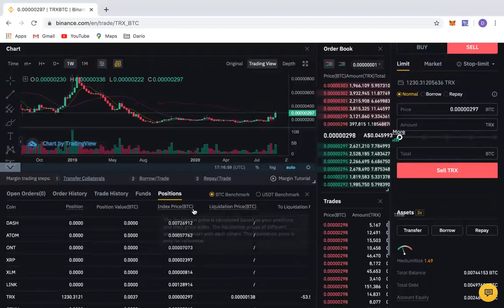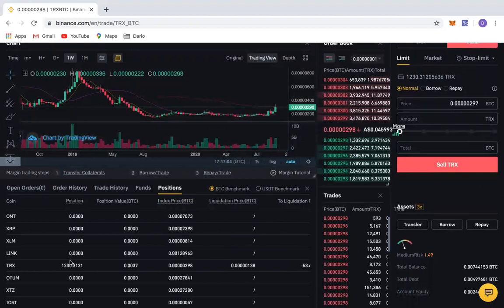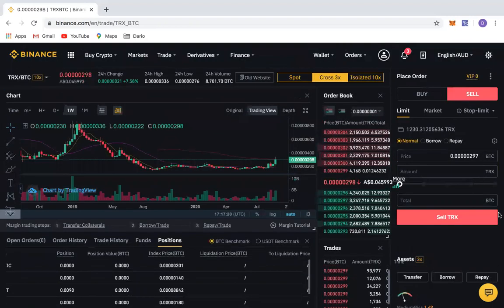And here on positions, we can scroll down and see the position, the price, and the liquidation price. Remember, it was at, I think, 217. We just sold 50% of our TRX. Now we have minus 53% to our liquidation price.